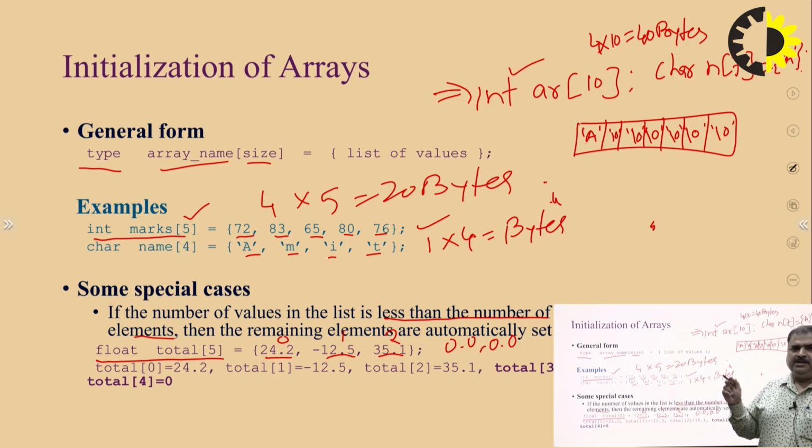But if we have supplied at least one value to the array at the time of declaration, the remaining values of that array will be default values, or zeros. Zero means the numeric value will be 0 and the character value will be the null character.